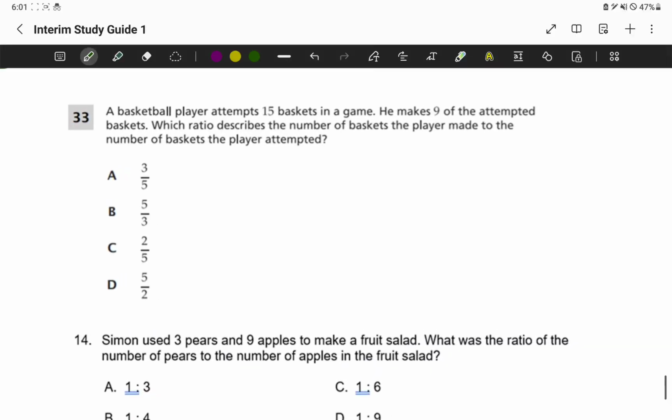So, a basketball player attempts 15 baskets in a game. Makes 9. Which ratio best describes the number of baskets the player made to the number of baskets they attempted? Well, they made 9 out of 15. Well, 9 out of 15 isn't there.